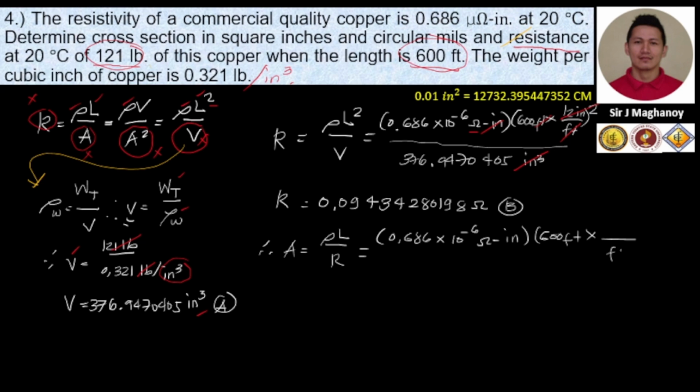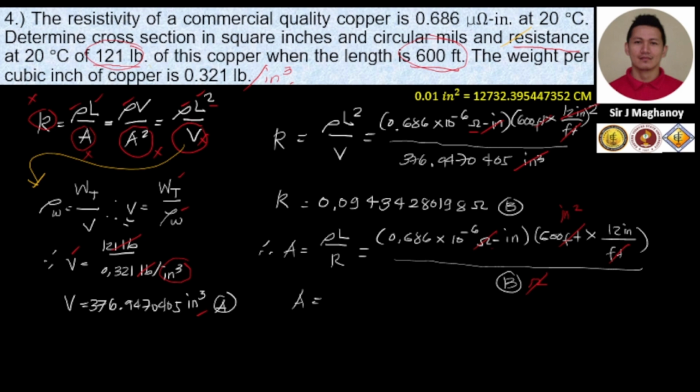In every foot, there are 12 inches, all over our R, which is stored in B, so we will not be writing all the digits. Before solving, we need to cancel out common units. So cancel out ohms, cancel feet, and the remaining unit is inches times inches, that is square inch, which is the unit of the cross-sectional area.